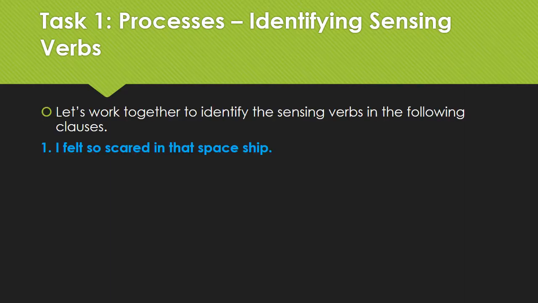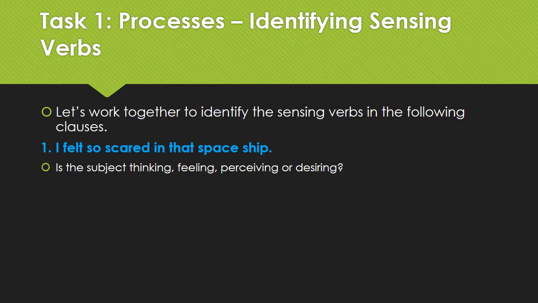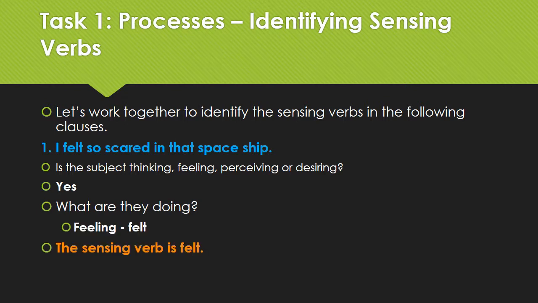Okay, so number 1. I felt so scared in that spaceship. Is the subject thinking, feeling, perceiving, or desiring? And this one obviously fits very clearly into one category, the feeling category. Okay, so the sensing verb is felt.